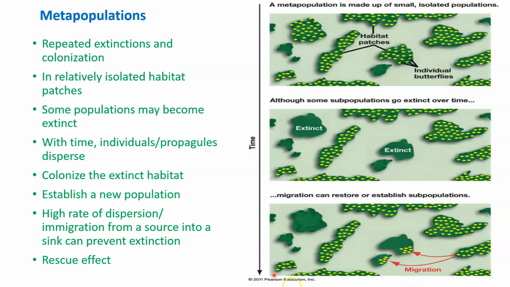And as you see in the third panel, migrating individuals or dispersing adults or propagules from source populations into extinct or vacant habitats ensure establishment of that extinct population over time. This is called the rescue effect. So this extinction that you observed earlier is temporary because the migrating, dispersing individuals or propagules can re-establish that population.